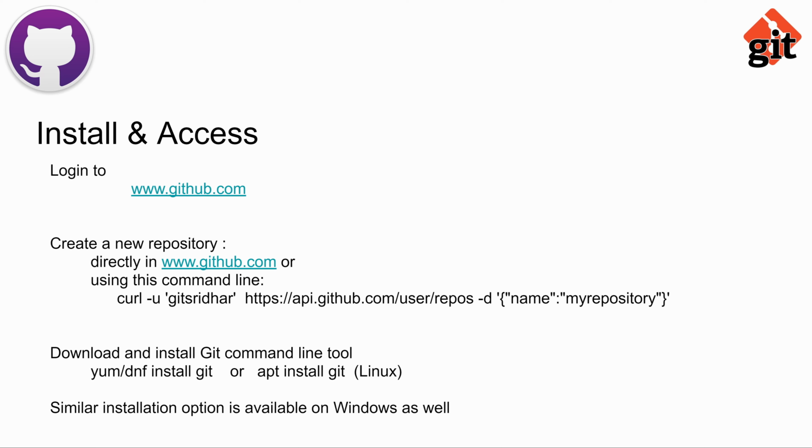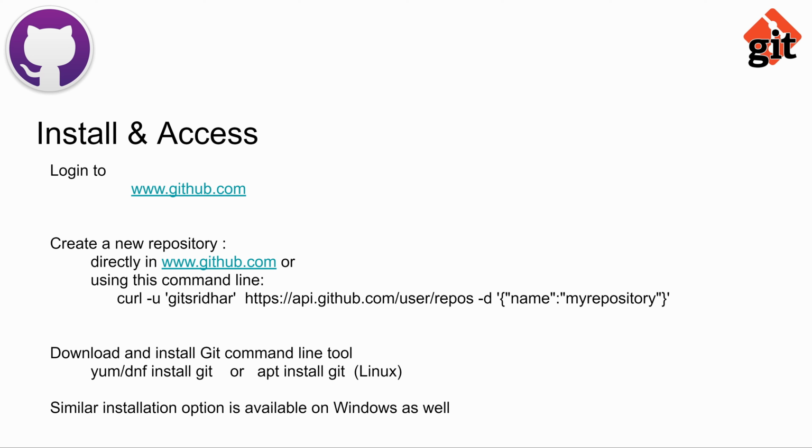Or alternatively, if you want to do it through the command line interface, which is probably required if you want to work on automation and DevOps, you can use the curl command as shown in this page to create a repository. You key in curl -u, then your user ID to github.com, then the URL of the github.com API repositories, and provide a name for your repository.